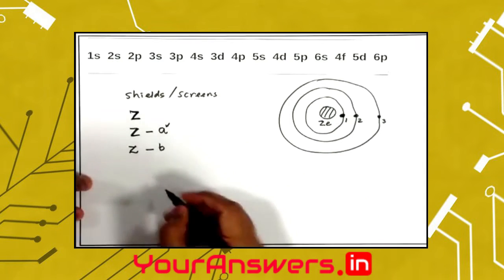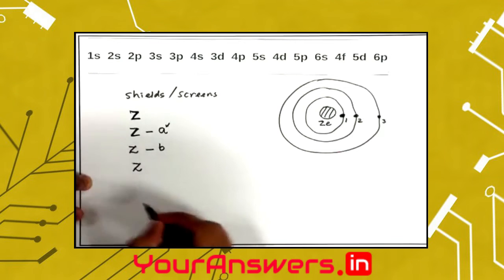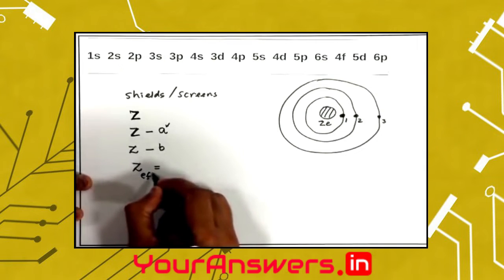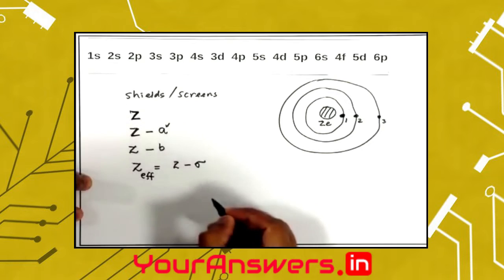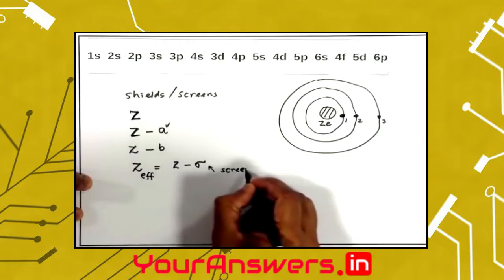In general, we can generalize that any electron actually does not see the full value of Z nuclear charge, rather it sees what we call Z effective, which is given as Z minus sigma. This sigma is known as the screening constant.